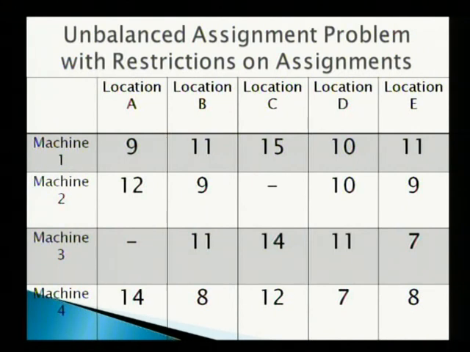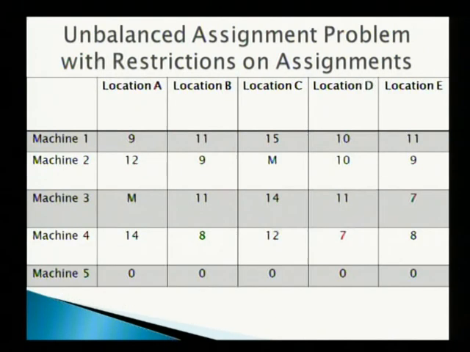Like transportation problems, we'll make it balanced by adding a dummy machine. As we see in the next slide, we have added a dummy machine 5, which is actually not available to us. And since there is no machine available to us, cost is naturally 0 everywhere. At the same time, you can see that machine 2 we cannot put at location C. So we are putting some cost, capital M.